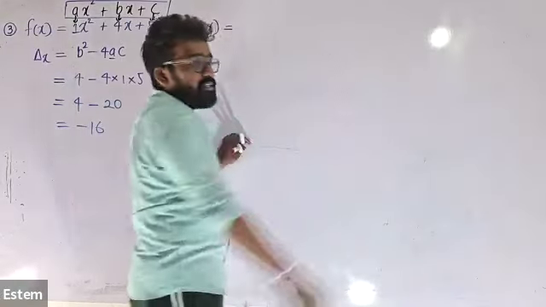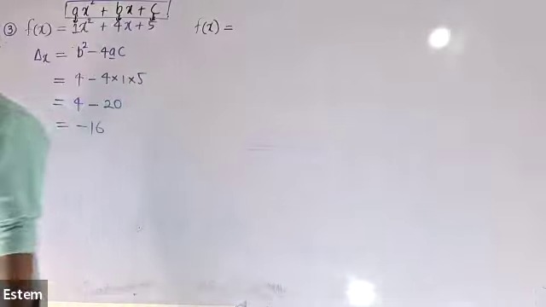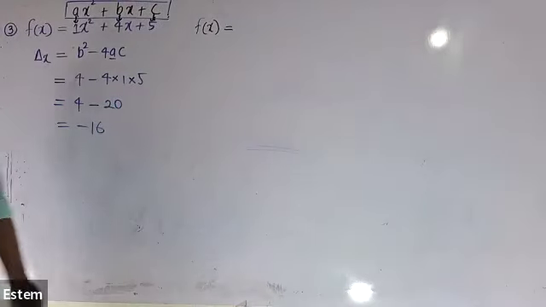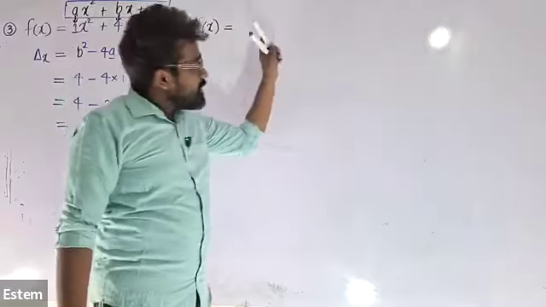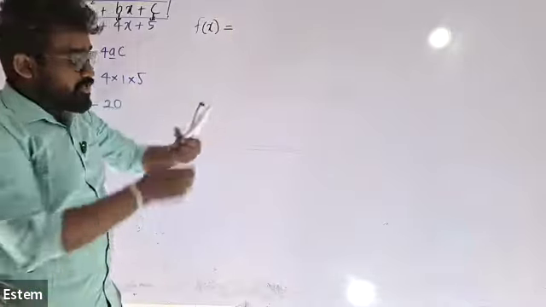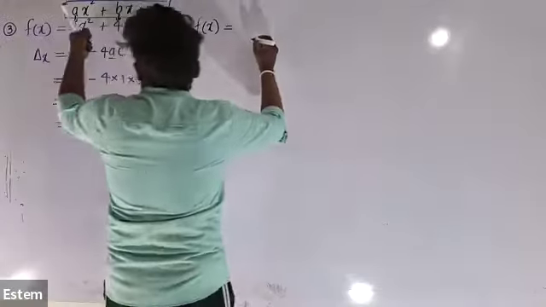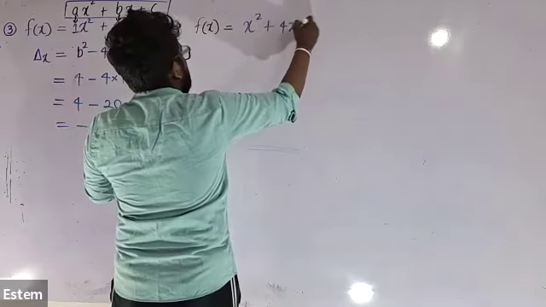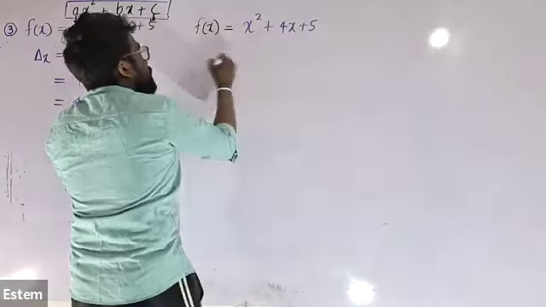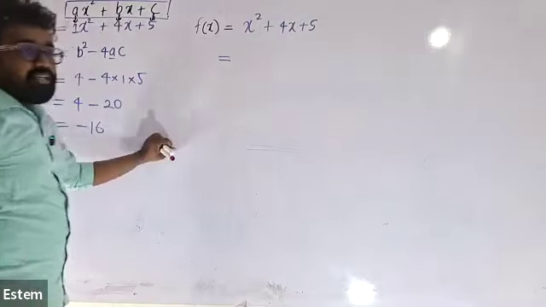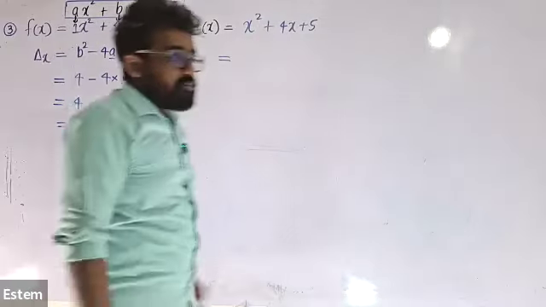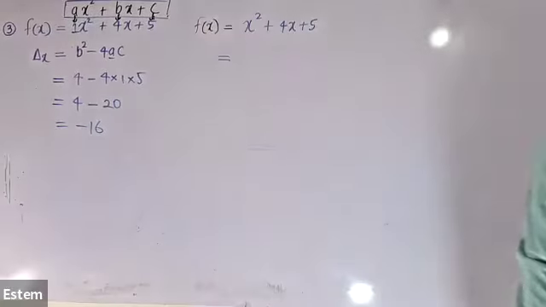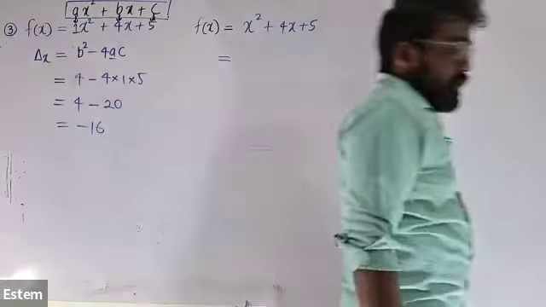If there are people who join now, you can get the method by seeing the way I do this example. Now our function is x squared plus 4x plus 5. Then I'm going to apply the completing the square method.